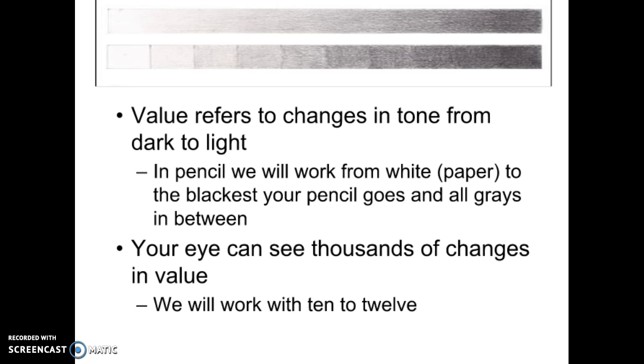And that's part of learning how to draw things using a pencil: you're learning to see those tiny changes in value to add the tiny shadows to your object to make it look three-dimensional. Using a pencil, we will typically focus on working between 10 and 12 values when we talk about a drawing with a full range of value.